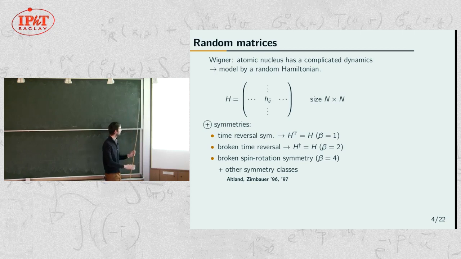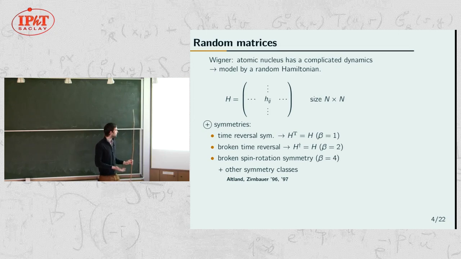Now, once you say you will take this Hamiltonian to be random, you have to choose from which distribution you pick your Hamiltonian. At this stage, it's a choice, so you have the freedom to pick any distribution that you like, because you keep in mind that you want to focus on universal properties, so it should not depend too much on the details of the distribution that you choose.